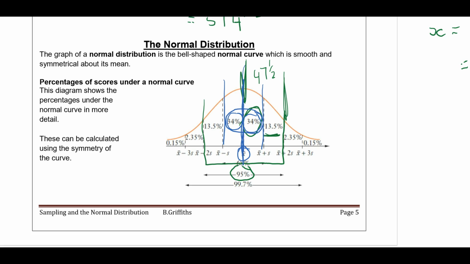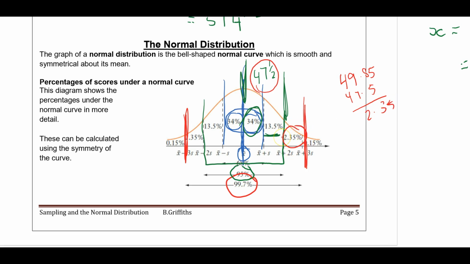Within three standard deviations of the mean, 99.7% of scores occur. So half of 99.7 is 49.85, and I've already used 47.5, so I'm left with 2.35 in there.